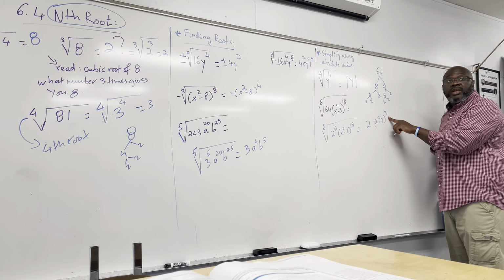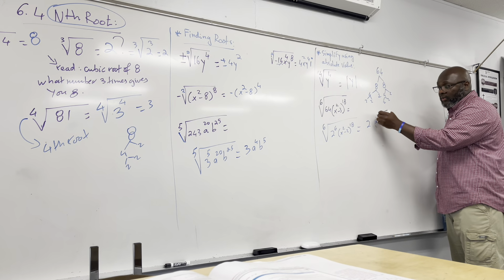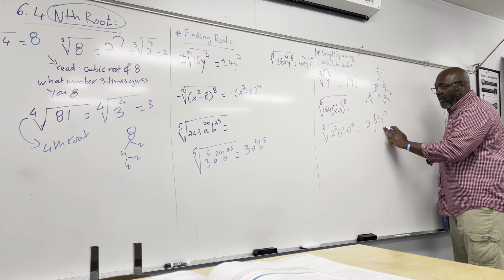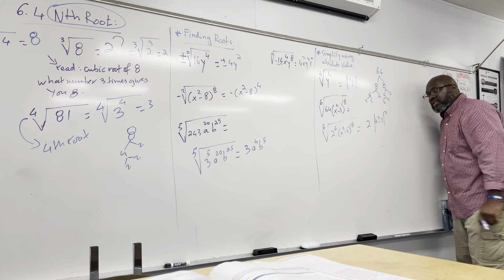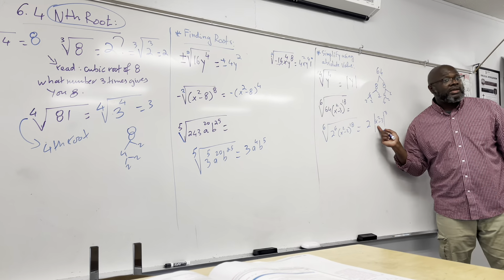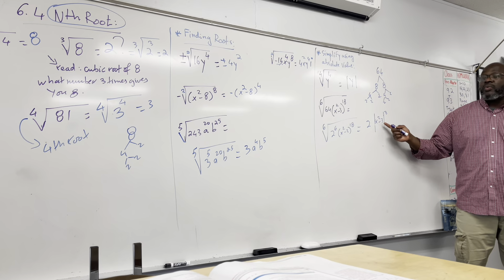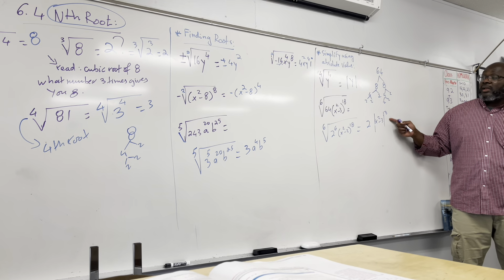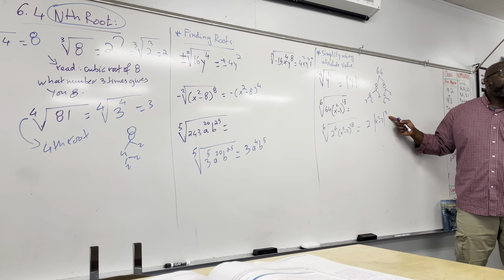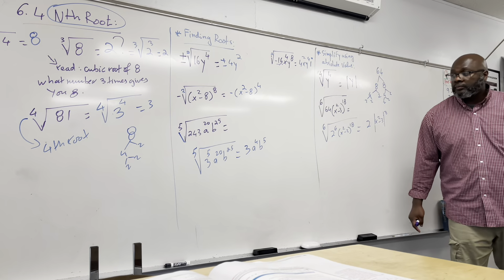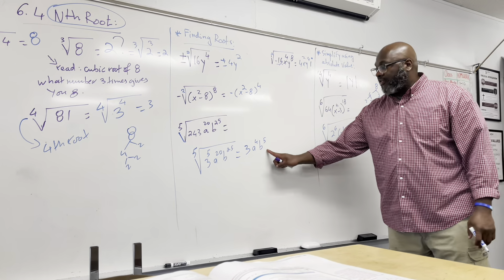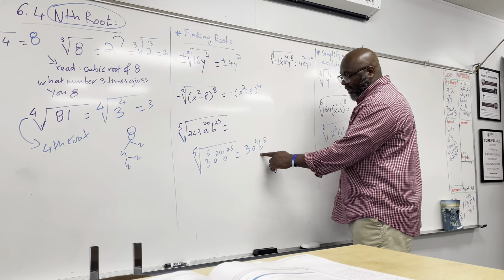But because this exponent is odd, what do I do? I'm going to add absolute value, because I want to make sure that the number I'm getting is not negative. So this is why I'm putting absolute value. Anytime your exponent is odd, you want to do that. So would you do that for 3a to the 4, b to the 5? B to the 5, yes, technically I should have done it for b here.